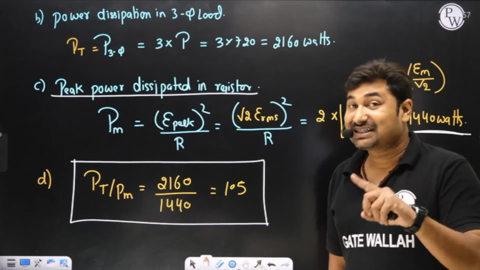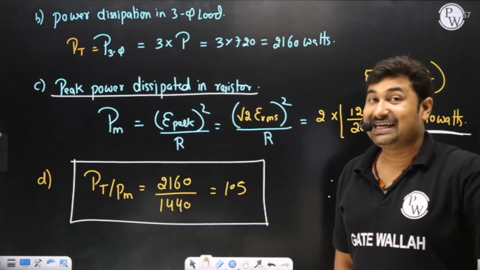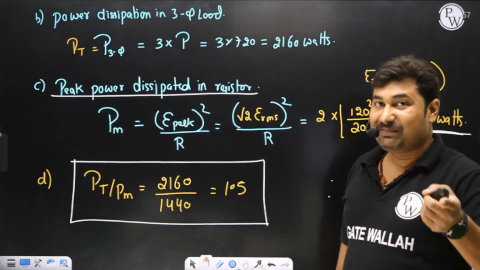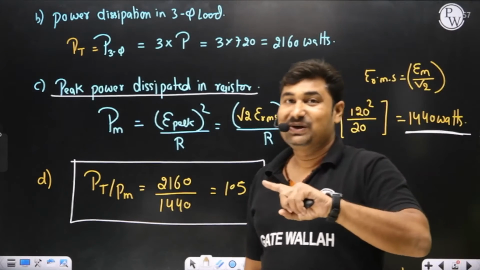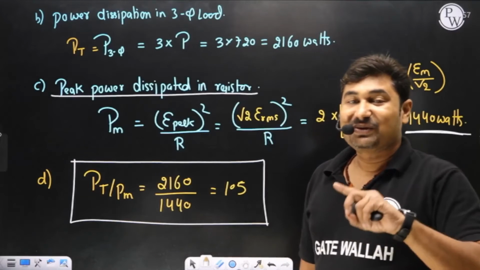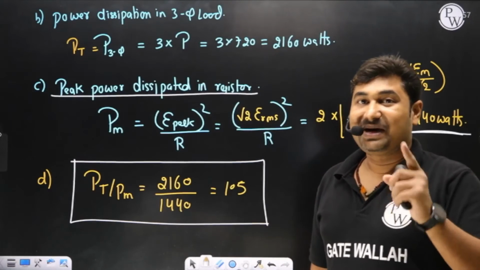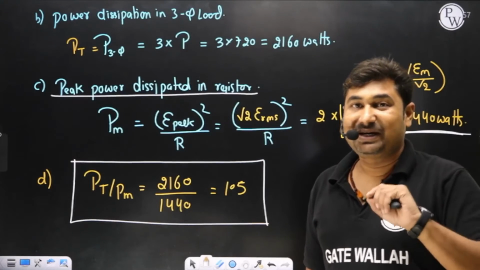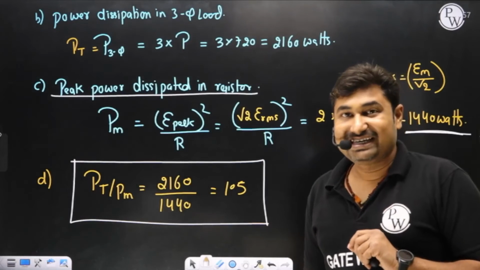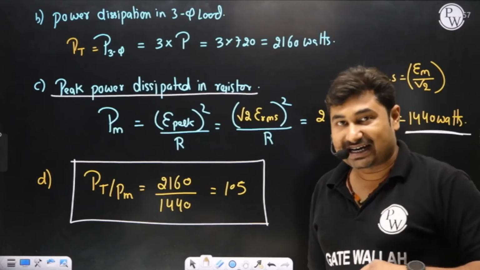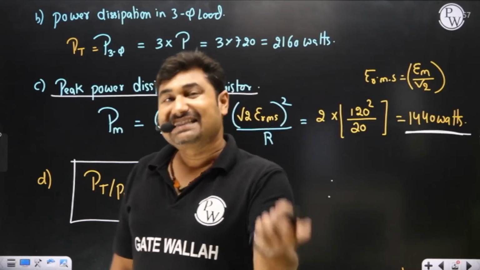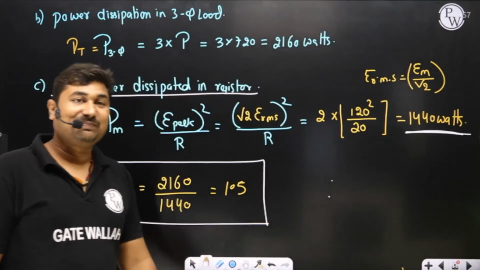If we use three single-phase transformers, we get PM by 2 plus PM by 2 plus PM by 2, which means 3 PM by 2. Is it okay? Yes, sir. And we need 6 wires. But in a 3-phase system, we just need 3 wires and the same amount of power is being transferred.